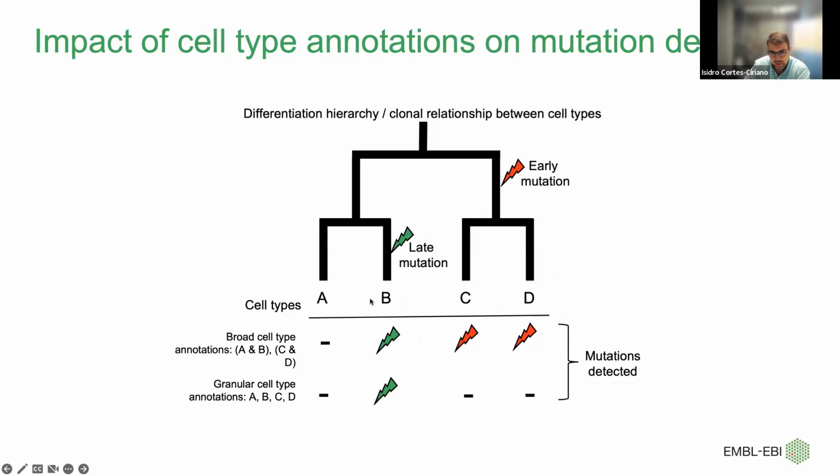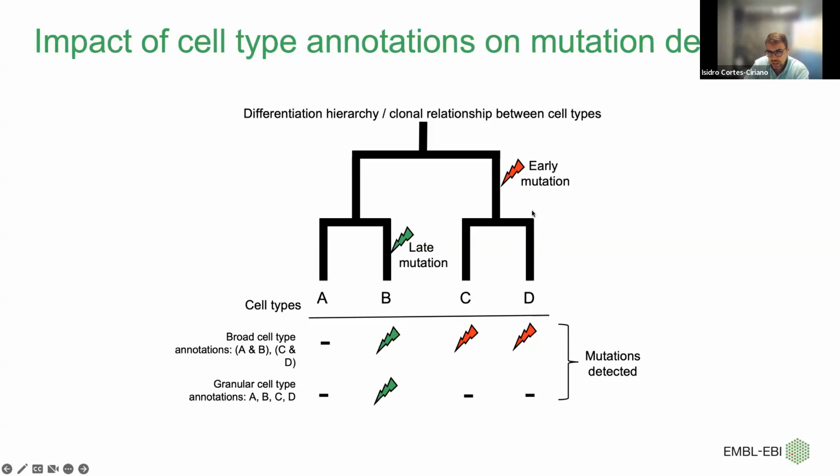However, if we consider each of these 4 cell types as independent, A, B, C, and D, the late mutation in green will be detected because it will only be present in one cell type. However, the red mutation, because it will be present in 2 cell types, will not be detected by SComatic, as it will be considered likely an artifact because it is present in multiple cell types.